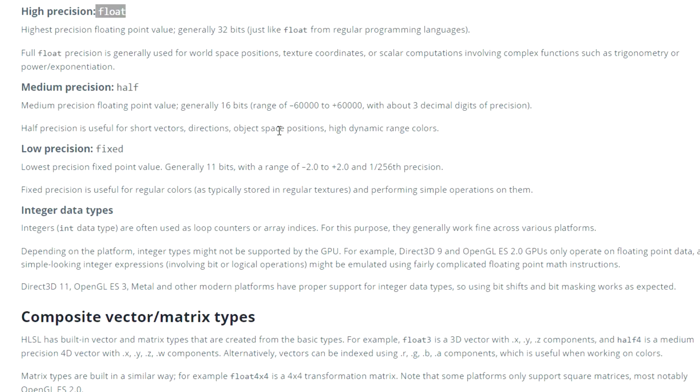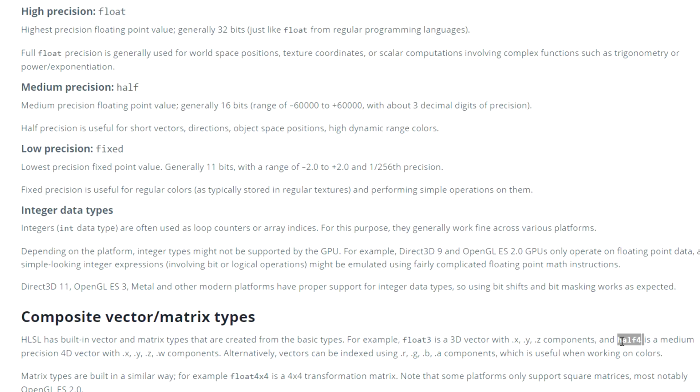If you wanted to create a 4D vector at half precision, where each component was 16 bits, then we could declare a variable of type half4. This would be a medium precision 4D vector that would have an x, y, z, and w component. It's also worth noting that when you're dealing with vectors in this way, you can access the components using x, y, z, and w, or r, g, b, or a.